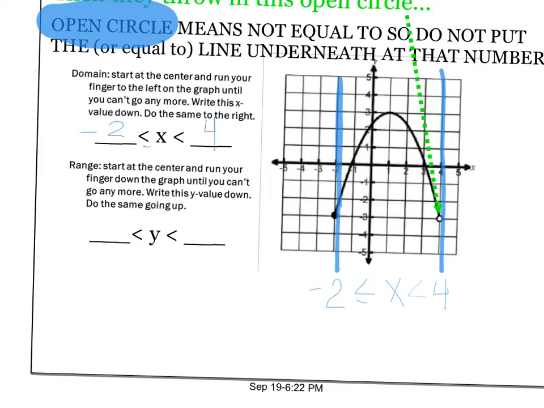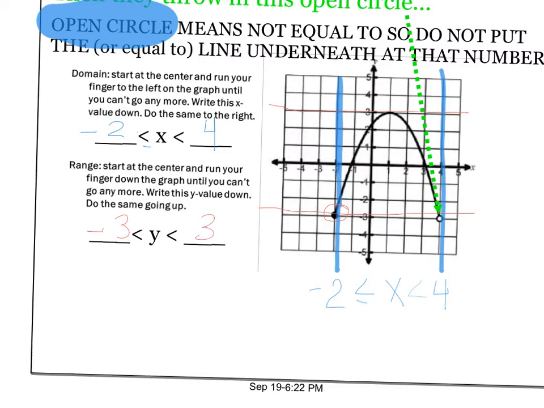Now, let's do our range. Our range here, okay, it's going to be from 3 to -3. Okay, but we're always going to go from least to greatest. So here, I know you're like, well, it's filled in on one side, and not on the other. Well, you're going to look at always the filled in one. So our lowest one is going to be -3, and our positive one is going to be a 3.